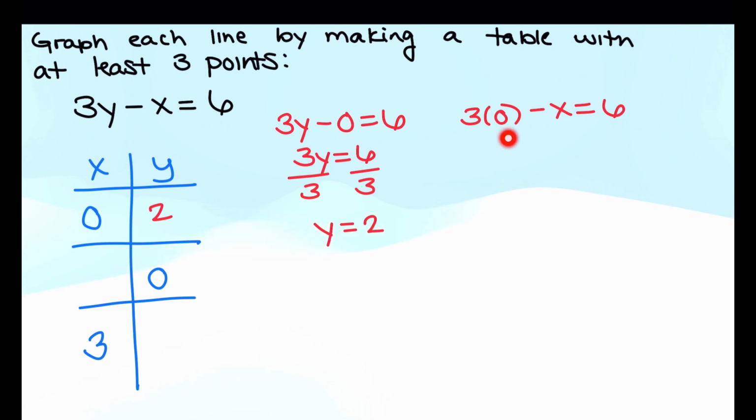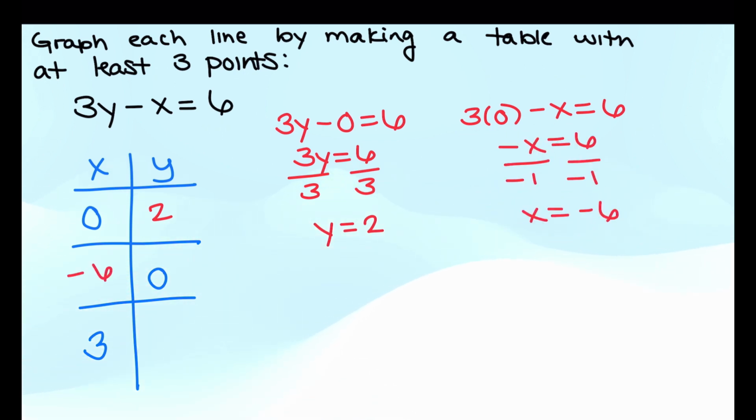So I put 0 in for y: 3 times 0 minus x is 6. That gives me minus x equals 6. Divide both sides by negative 1, so x is negative 6. That gives the point (-6, 0).